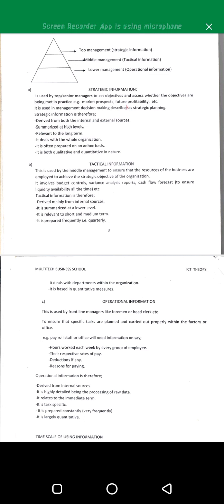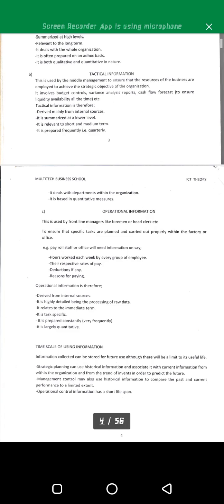It is both qualitative and quantitative in nature. So for these top managers, you're supposed to provide them with quality information, not information that you're doubting, not information that you're not sure of. If you've decided to provide them with information, give them quality and quantitative information. So that is for strategic information.